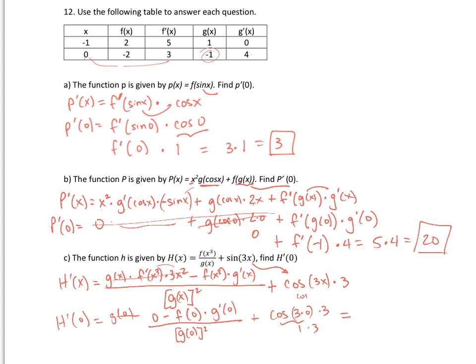So you will end up in the end with f of 0, and when you put in 0, you're going to get negative 2. So this will be negative 2, and then g prime of 0 is going to be 4. So times 4 all over g of 0, which is negative 1 squared, which gives you 1, plus, over here we ended up with a 3.